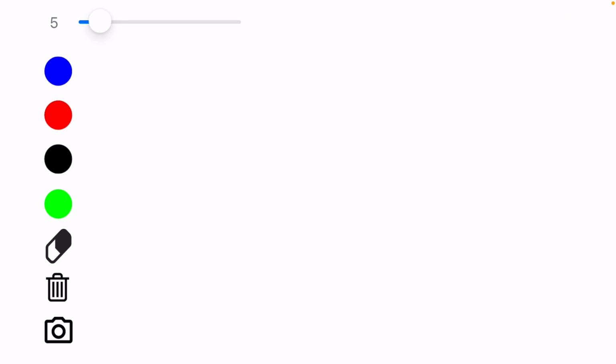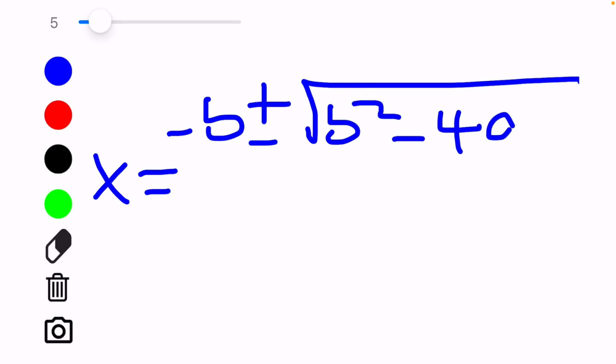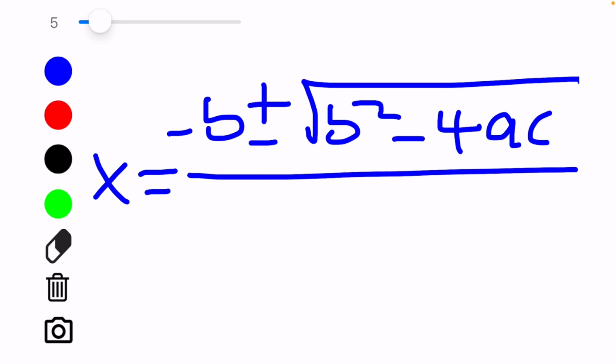Remember guys, we've got a formula where x is equals to negative b plus or minus square root of b squared minus 4ac, all of this divided by 2a. Very, very much important, ladies and gentlemen.